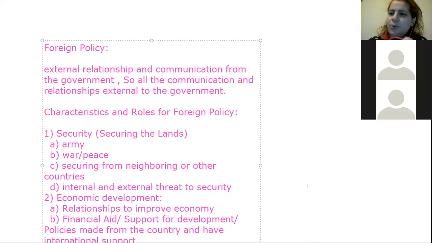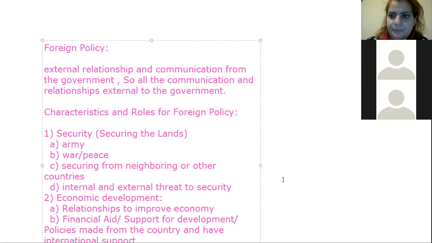Does anyone know other organizations that have to do with human rights or with international relations and such? Can anyone tell me? General Assembly, excellent. United Nations Security Council, good job. International Court of Justice, good job. Excellent. These are the different branches in the United Nations.